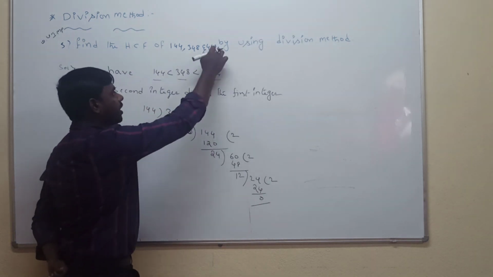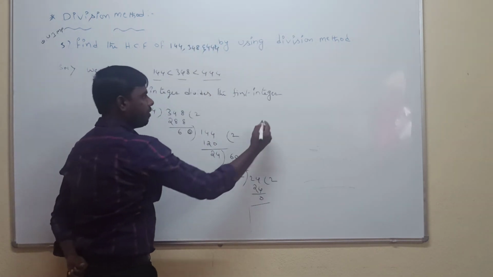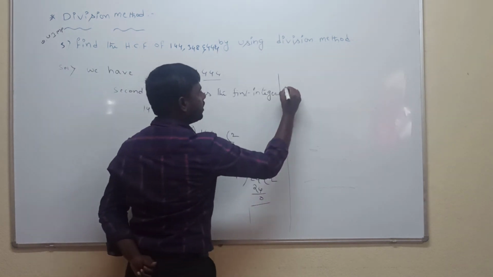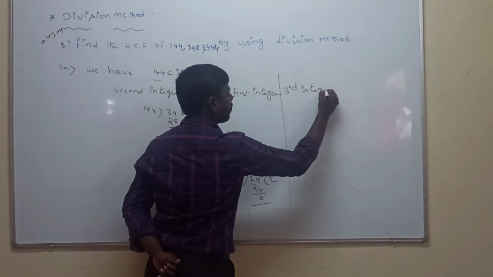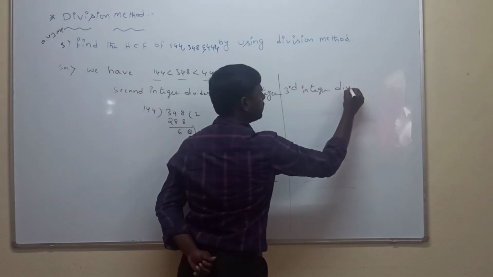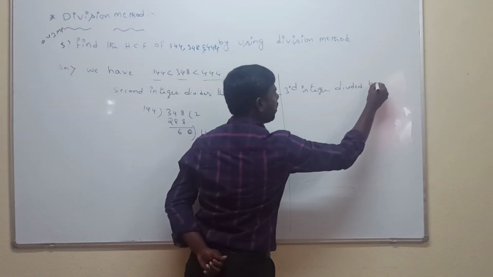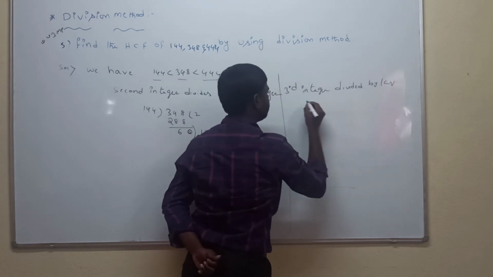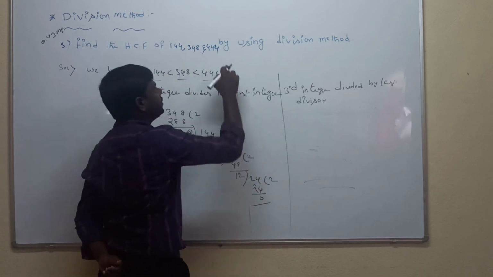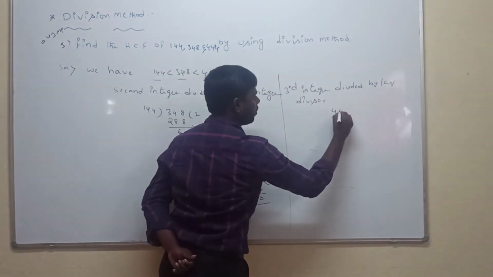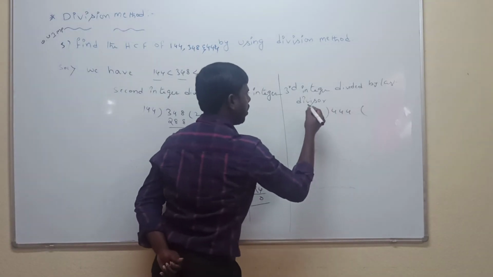The next step is the third integer divided by the last divisor. What is the third integer? It is 444. What is the last divisor?